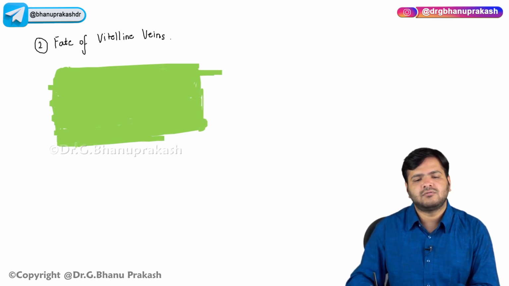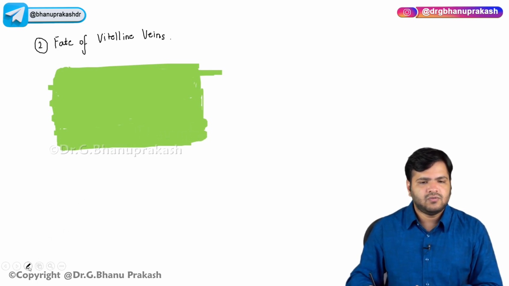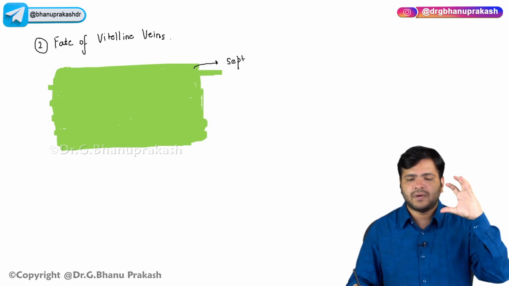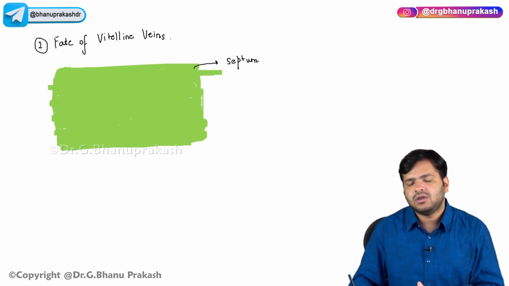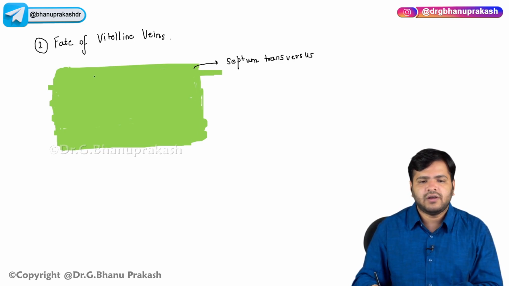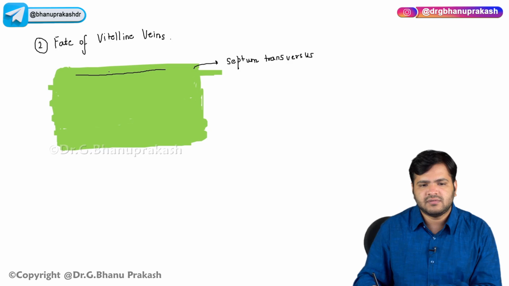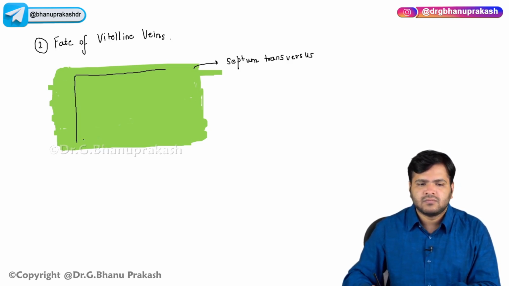So you already know this is the septum transversum. I'm just taking the lower part now, in which you already know there will be the developing liver. Let us suppose this is the liver. It is pyramidal in shape, so try to draw it like this.